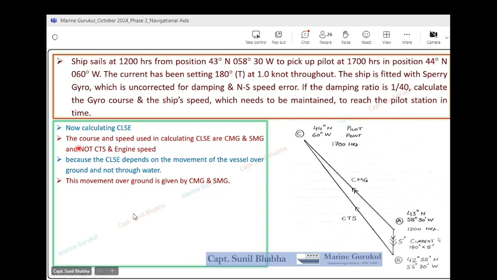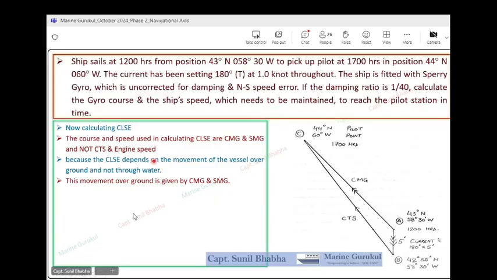Which out of these two should we be using? Now please understand that the course and speed which is used in calculating the steaming error are always the course made good and the speed made good. We do not use, I repeat, we do not use the CTS and the engine speed.